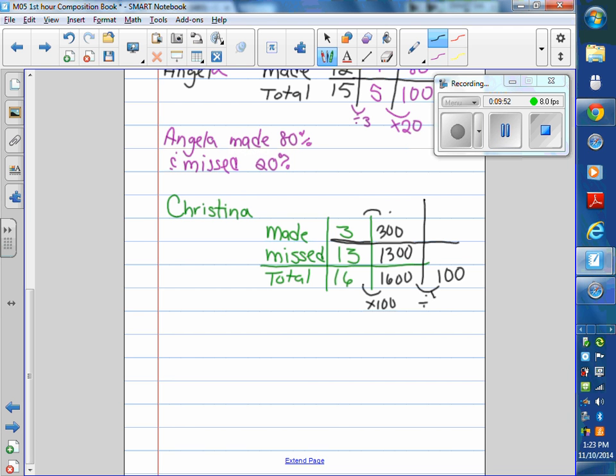Okay, so 16 divided by what is 1? 1,600 divided by what is 100? Help me out. What do I have to divide by? Divide by 16.